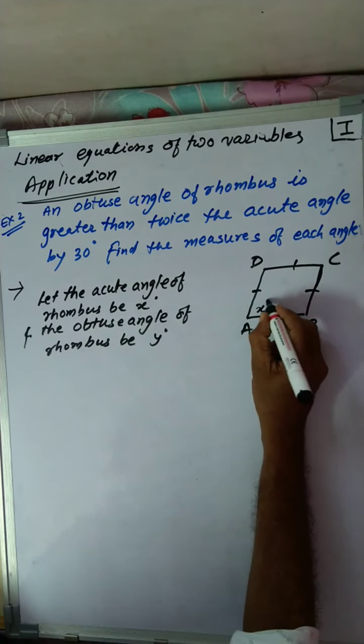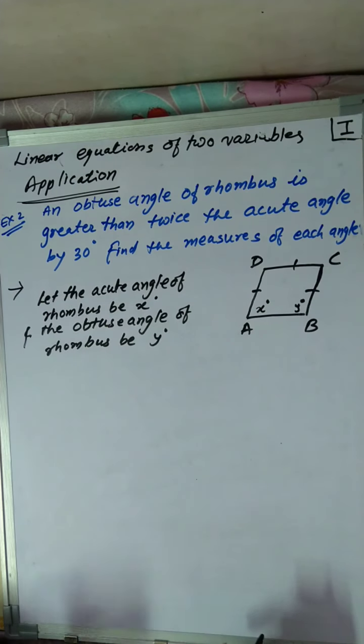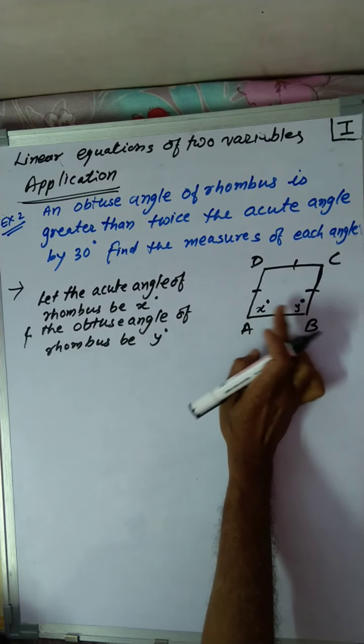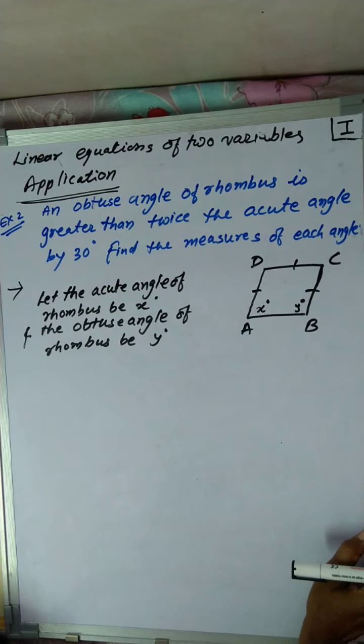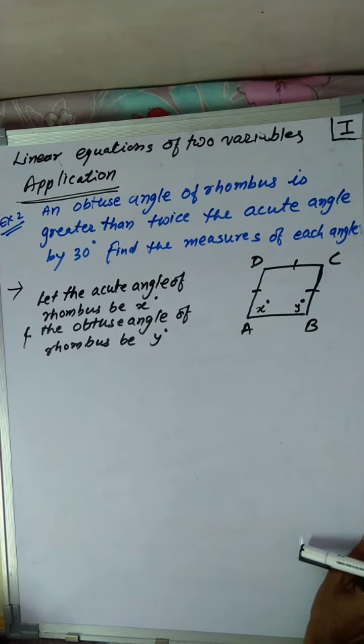This is angle x and this is angle y. Here two lines are parallel and these two angles are interior angles. That means the sum of these two angles is 180 because interior angles are supplementary.